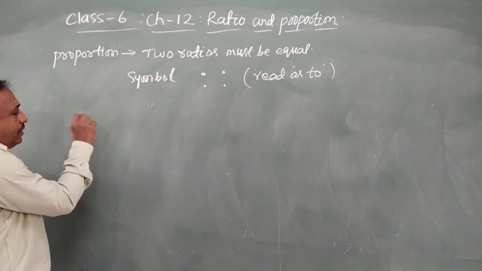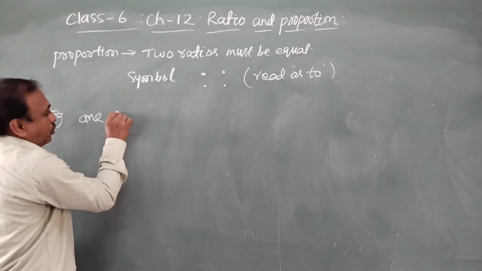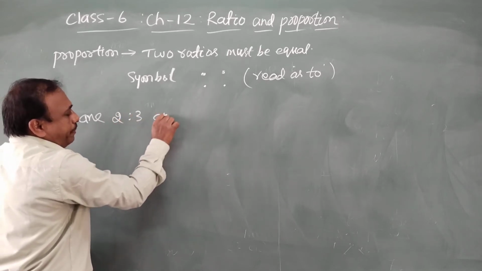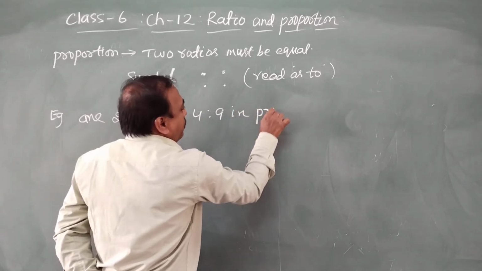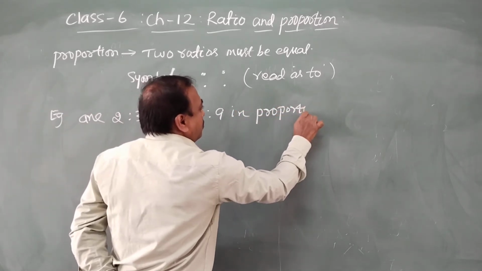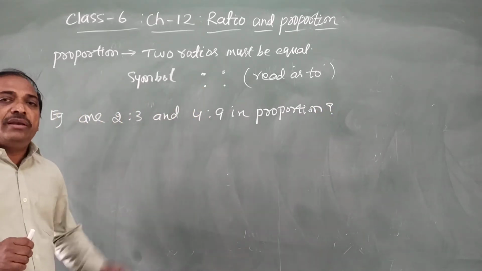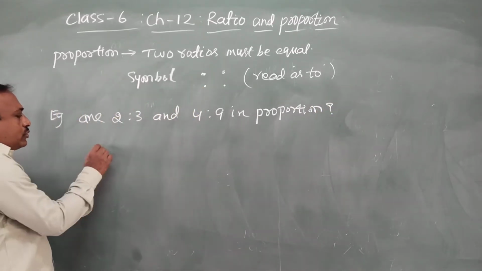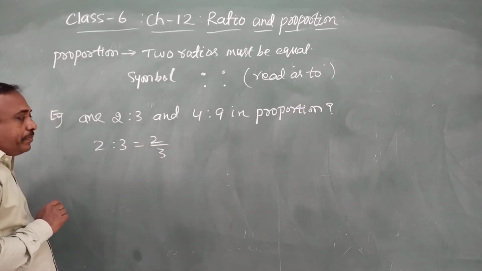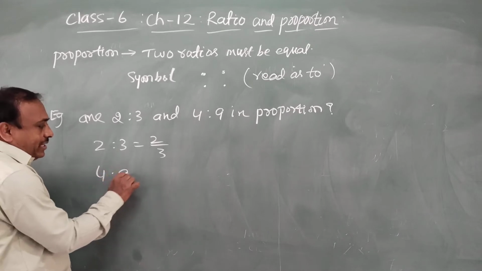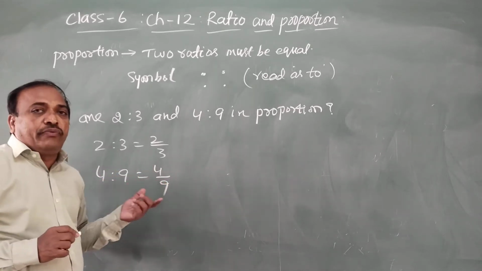Let us see an example: are 2:3 and 4:9 in proportion? Let us verify. 2:3 can be written as 2/3 in fraction form. Similarly, 4:9 is 4/9. Can we make these into simplest form?